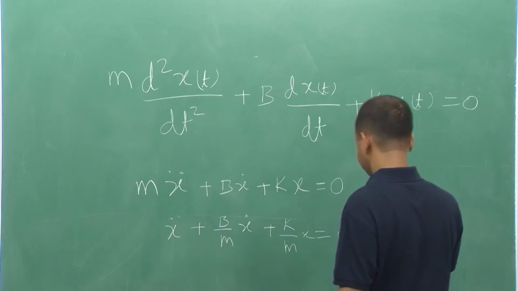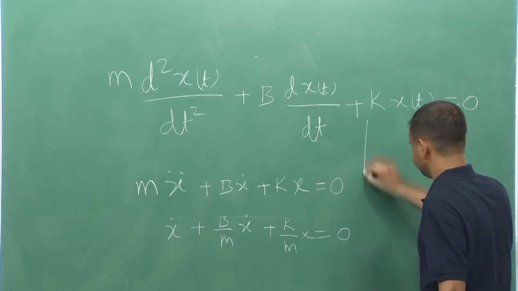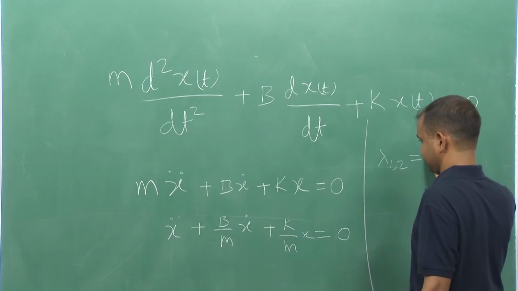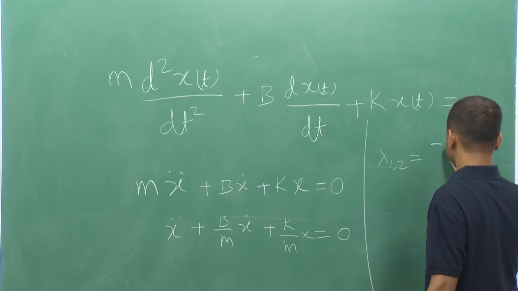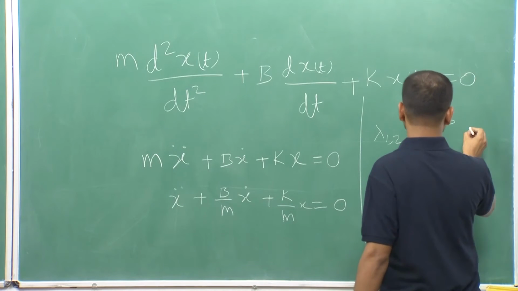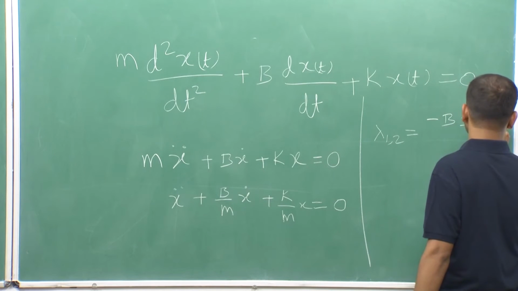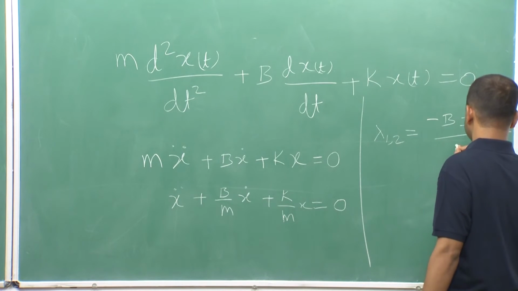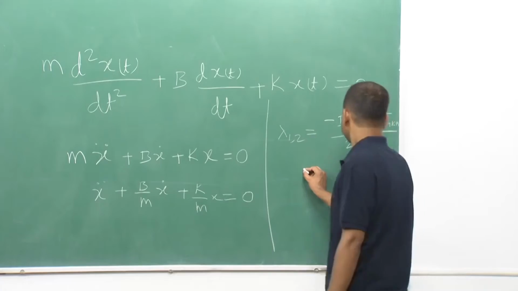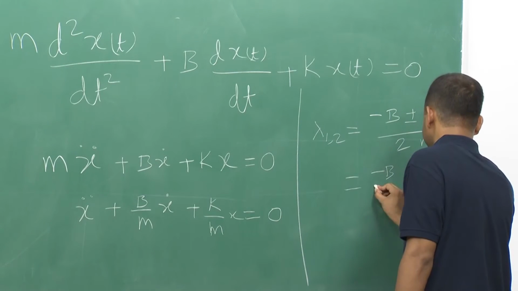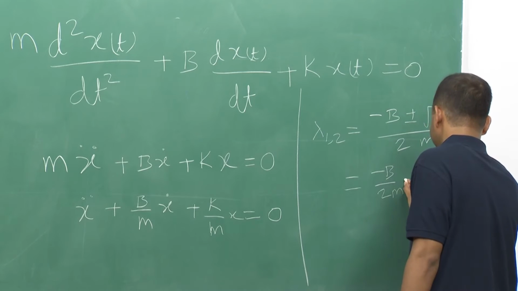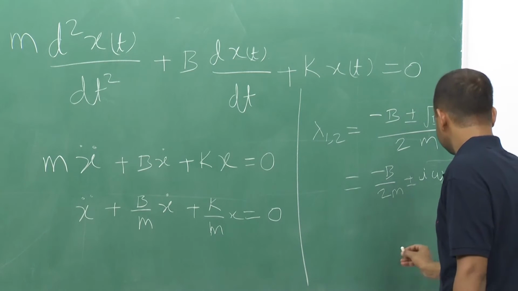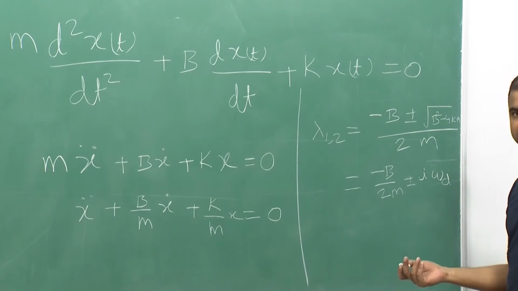If I look at the roots of this equation, the roots are given by minus b plus minus root over b square minus 4 k m, divided by 2 m, and this will be minus b by 2 m plus minus i omega d, and this omega d we call the damped frequency.